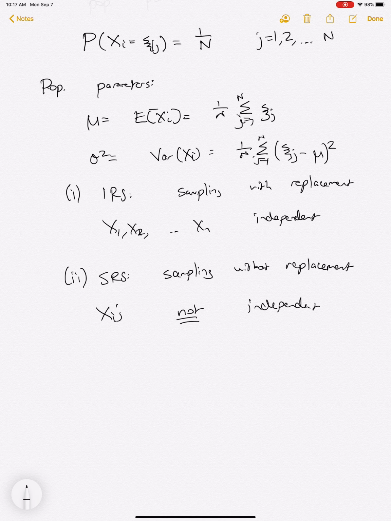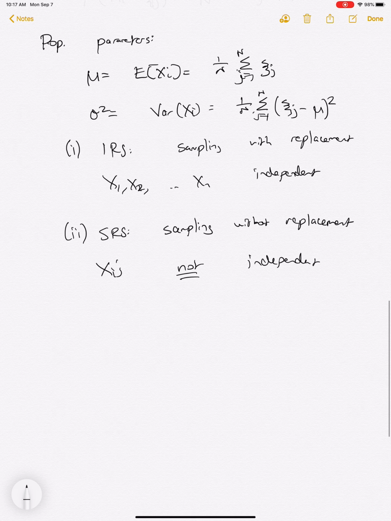So this means that you're not going to have independence. We'll go into a little more detail on IRS versus SRS through this lecture, and we'll talk about why we consider both.